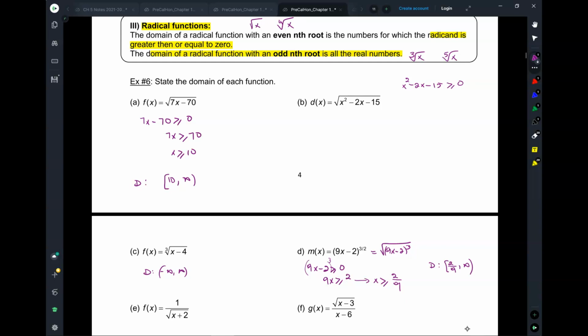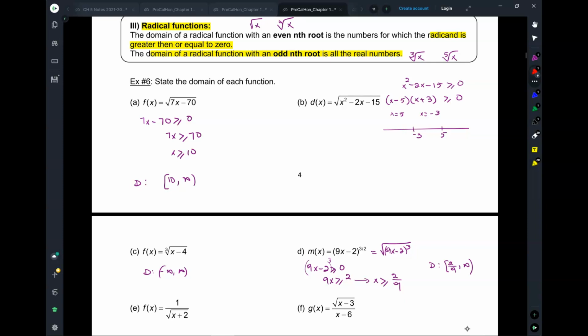You're going to go back to Algebra 2 and think about this. It's x minus 5 times x plus 3, greater than or equal to 0. Remember what you did with that in Algebra 2? You get that x is 5 here and x is negative 3, and then you put it on a number line. Now we pick values from each region and plug them into the parentheses.